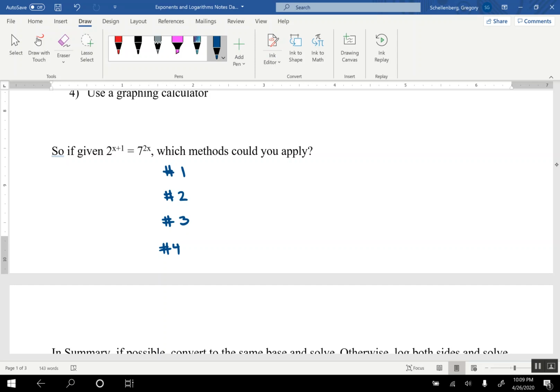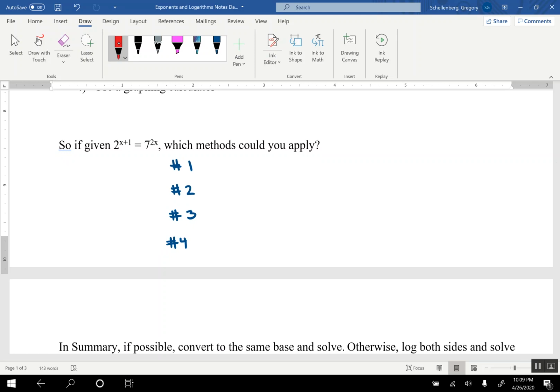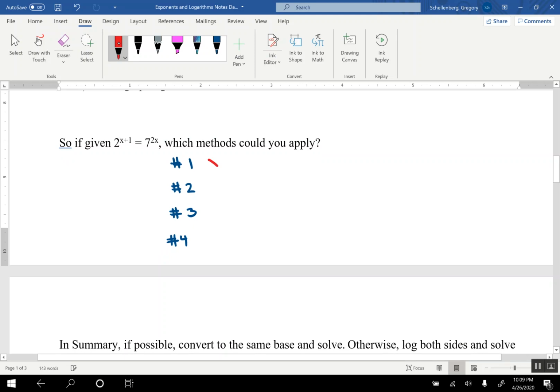The first method was to rewrite the powers with a common base. We're looking at 2 and 7. Is it possible to rewrite those powers with a common base? No, it's not. So method number 1 would not work for us to solve this equation.